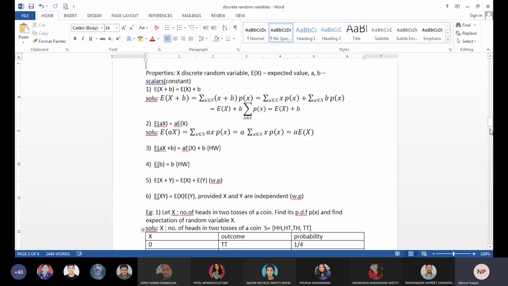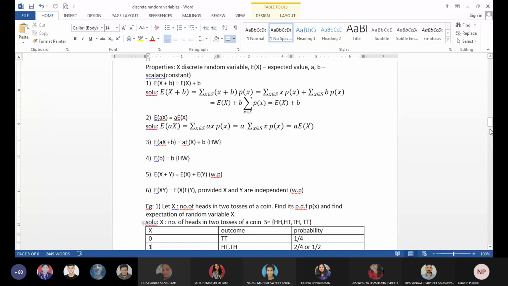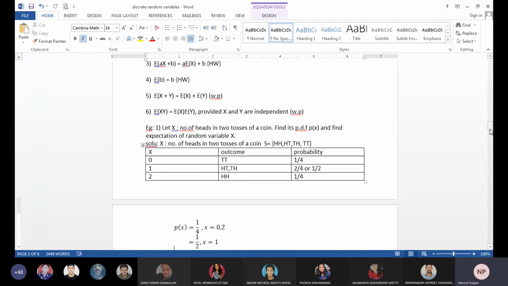Taken? Okay. I'll upload the PDF maybe today or by tomorrow, but it will be required for solving the examples now. Better if you have a screenshot with you.